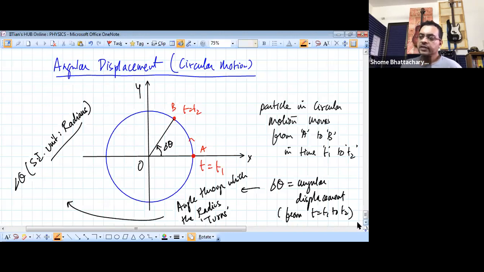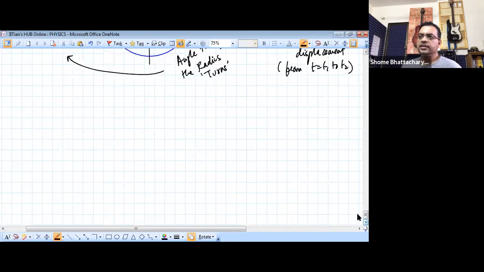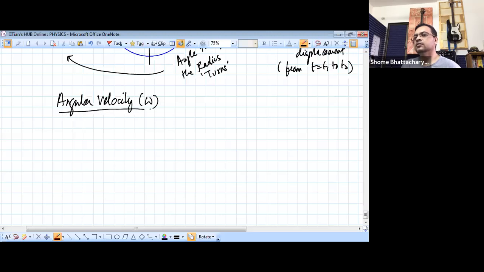Okay, people. So if we define angular displacement in this way, then the next thing is how we will define angular velocity, which we denote with the symbol omega. This time we'll define it in uniform circular motion.